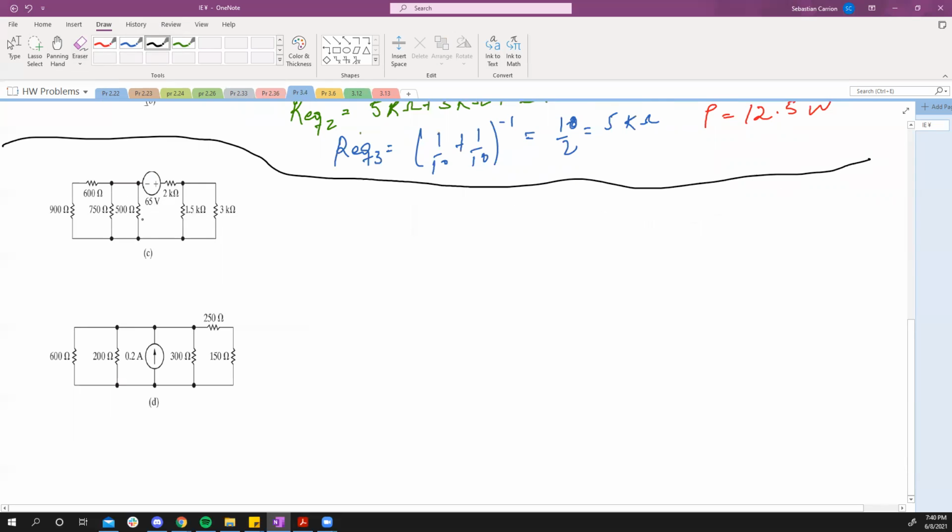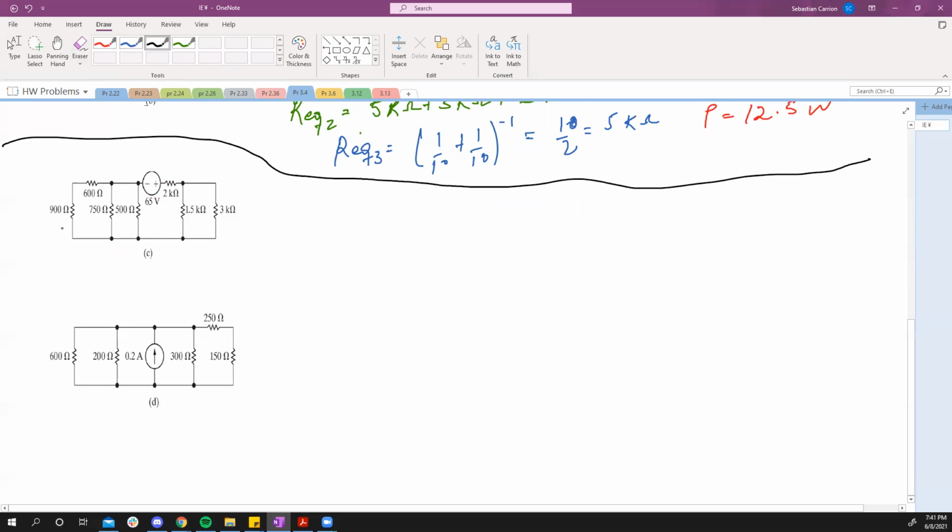The equivalent resistance of this is gonna go in series with the equivalent resistance of this right side. So let's do left to right.